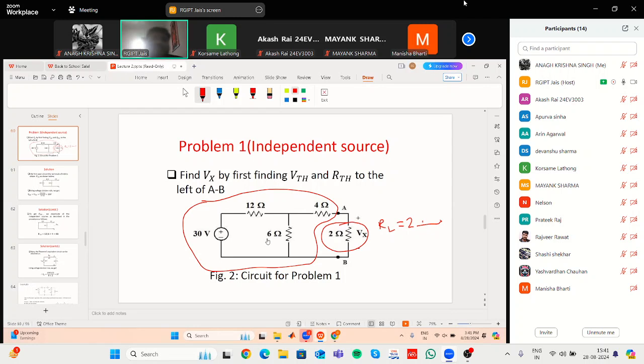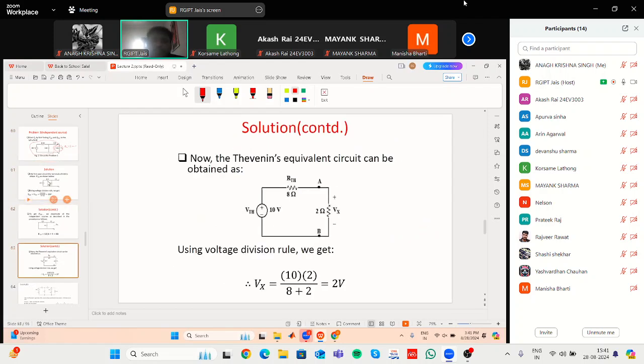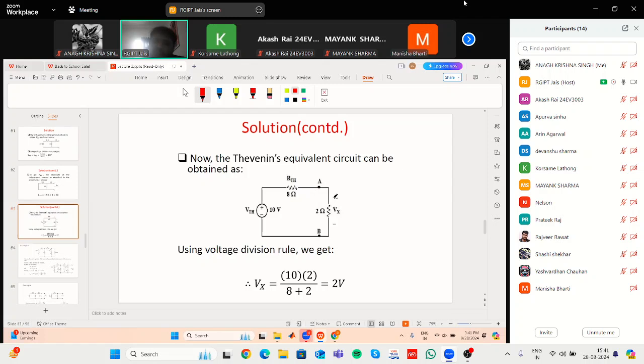So the output of Thevenin's theorem, at the end, what will you get? You will get this kind of a circuit. The load is already there. That is the 2 ohm resistance load, RL. But instead of all the other elements that were there in the previous circuit, you have replaced them with one voltage source and one resistance.